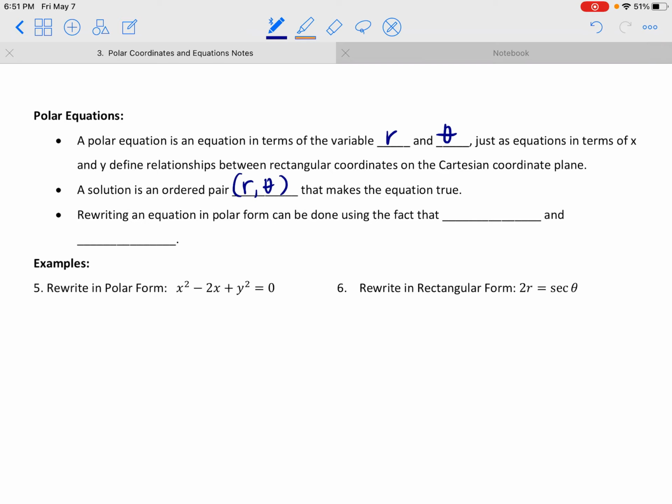And when we're rewriting, again, we got to be able to go from one form to another. We're basically going to use the same two facts that we just used in converting. If I want to go from a rectangular form to a polar form, I know that x has to equal r cosine theta, so I can replace every x with r cosine theta, and I know that y is r sine of theta, so I can replace every y with r sine of theta and then just simplify.